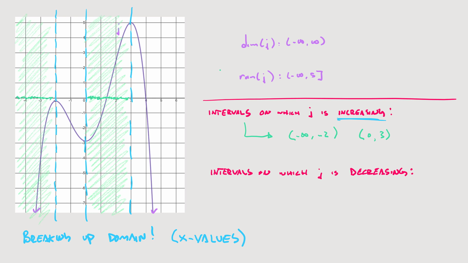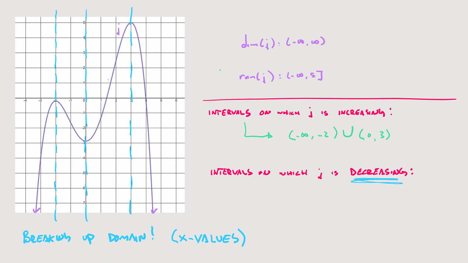When you want to say it's increasing on this interval and also this other interval, you put a union sign between them. So x is in the union of negative infinity to negative 2, which is all this stuff over on this side, and also 0 to 3. Those are the intervals for which j is increasing because that's where j has positive slope.